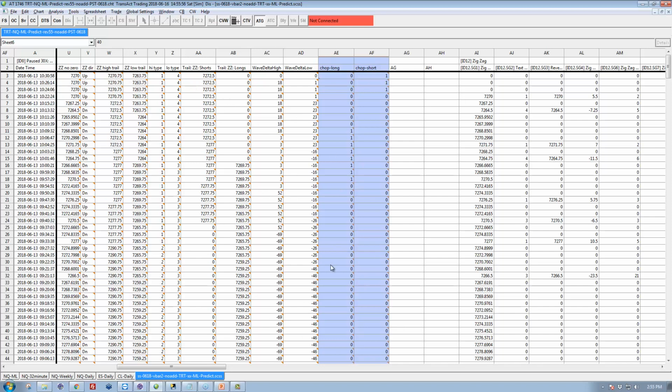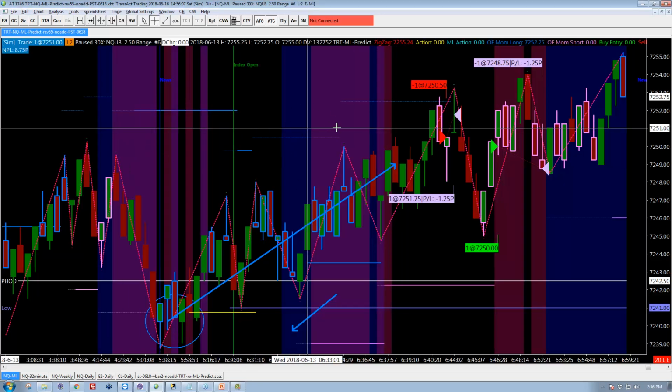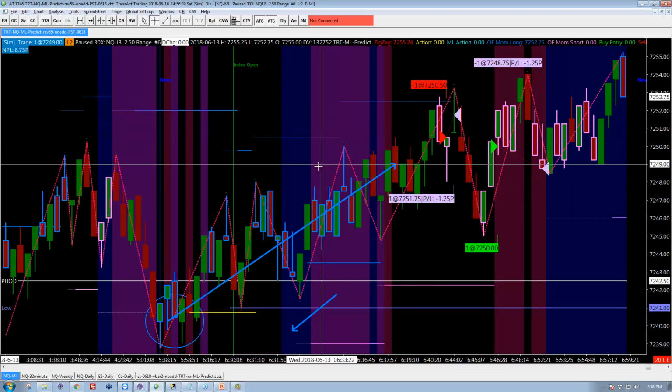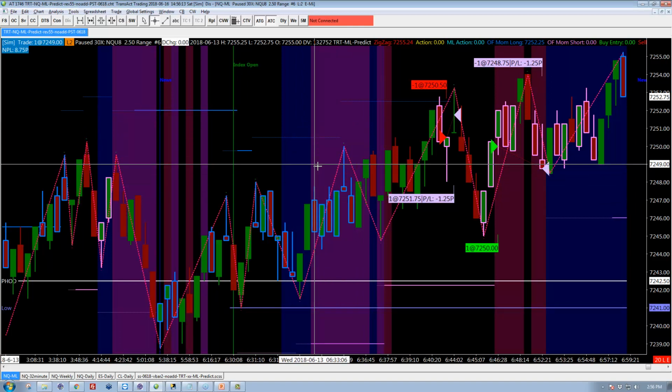I can do things with the spreadsheet that I could not do otherwise, like trail to the zigzag. But this chop avoidance I developed in the spreadsheet, and when I got done, I realized I don't actually need the spreadsheet to do this. I could do that using just normal color bar by alert conditions in Sierra Chart.